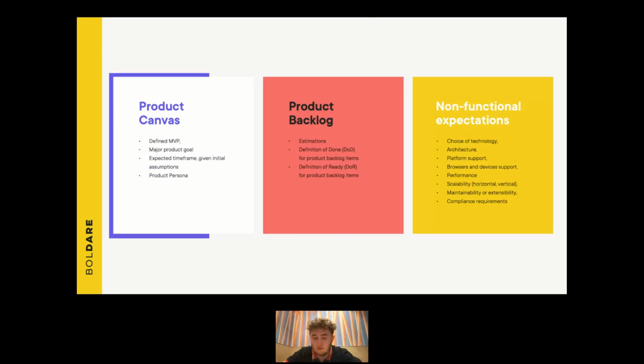And this is a slide from Boldare.com that I really like, that shows the main areas where you will put focus, and you do that even without modernization. But this will become a challenge along the changes. So once you start your journey, you will need to choose a technology.